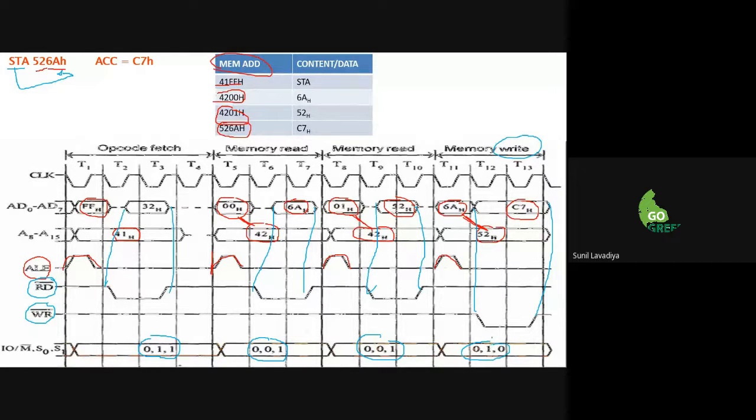Is it clear? Does it look easy or difficult? What is your observation, after understanding the previous question, does it look easy or difficult? Or is it a matter of practice? Yeah, it's easy, and it's practice. It's all about practice, okay?